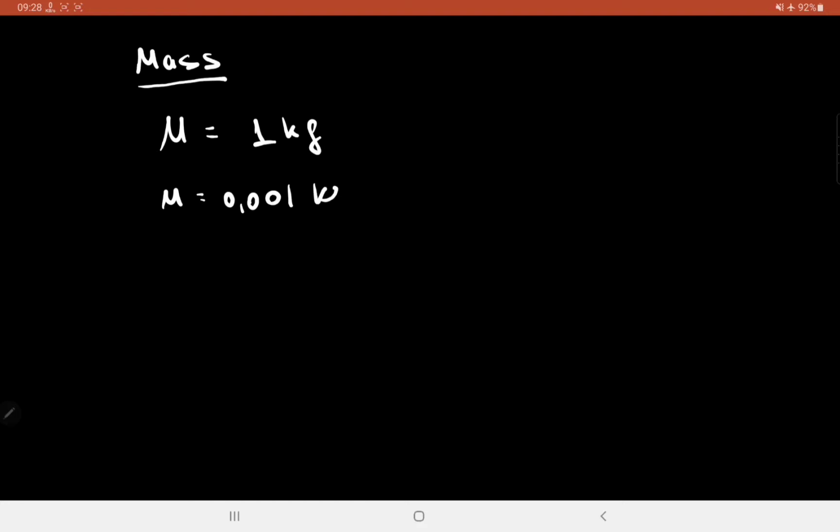Now let's continue with kilogram, for example. Mass. Shortly we say M. Yes, M equal to 1 kilogram. Of course, there are so many different masses in real life. Yes, mass can be equal to 0.001 kilogram. It can be equal to 0.0000 and so on 1 kilogram. Yes, or vice versa.